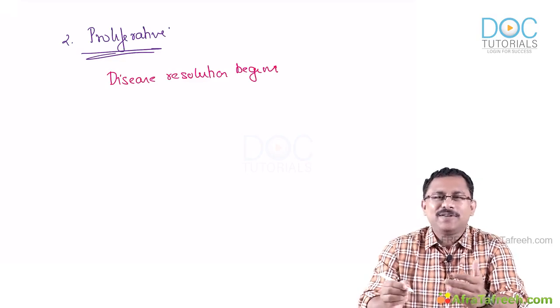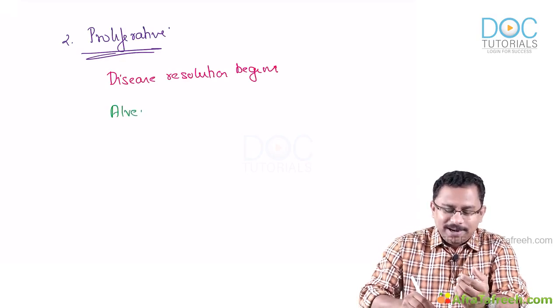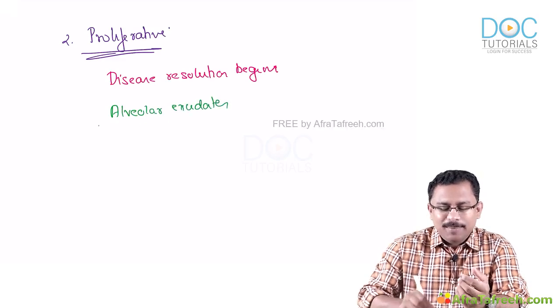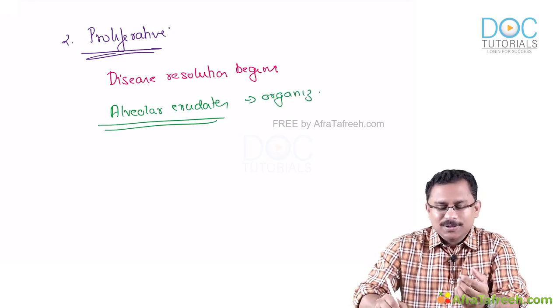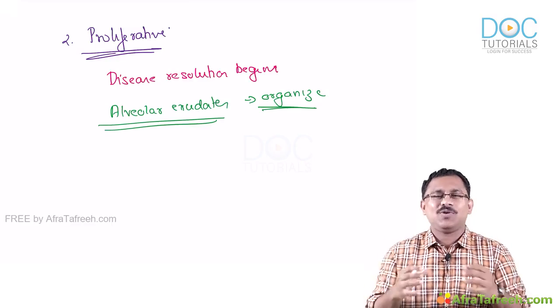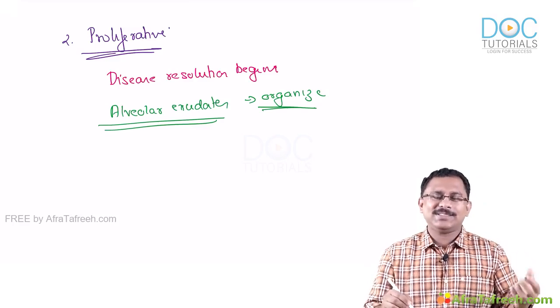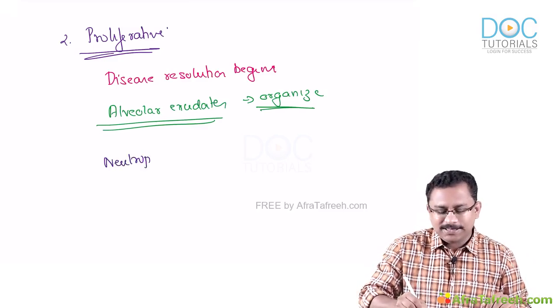But there is some sort of resolution that begins, because you remember the alveolar exudates in the exudative stage. They begin to more or less organize. Before, too much exudate, but now they are beginning to organize. In stage 1, your exudative stage, you had a neutrophil rich inflammatory fluid.